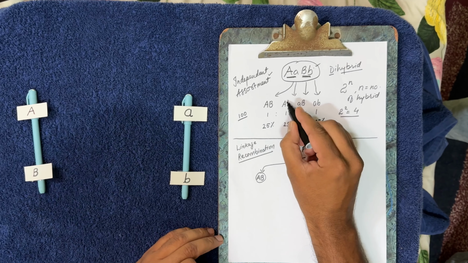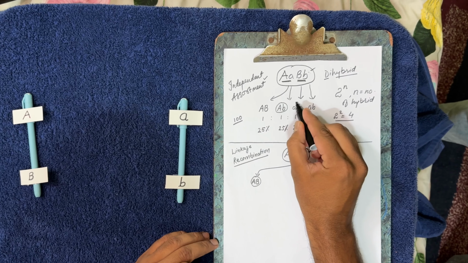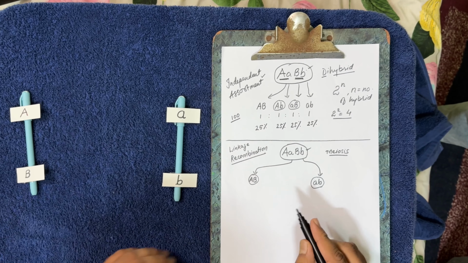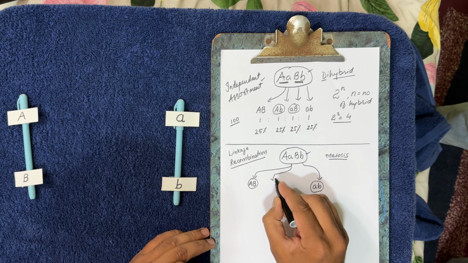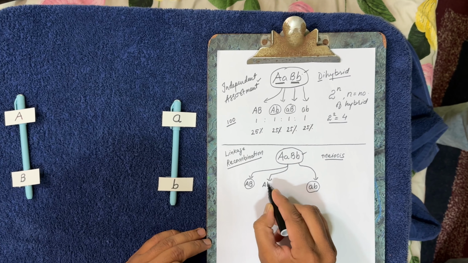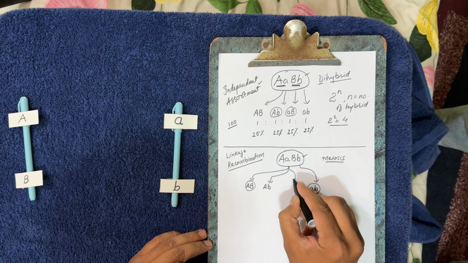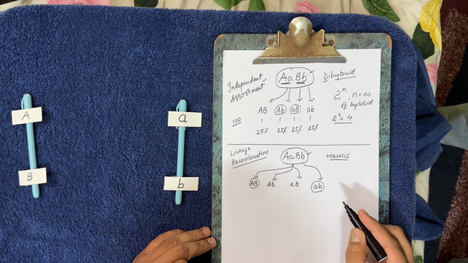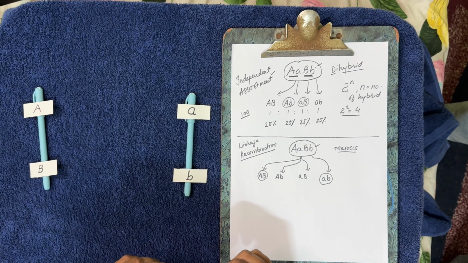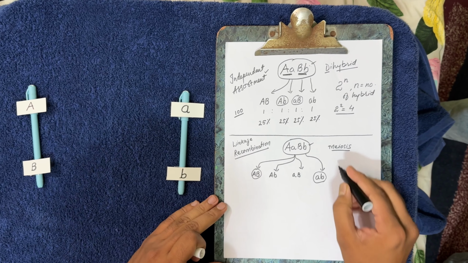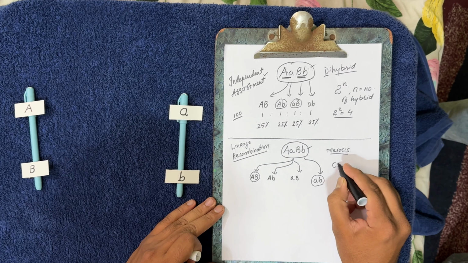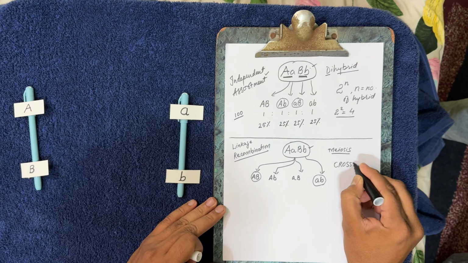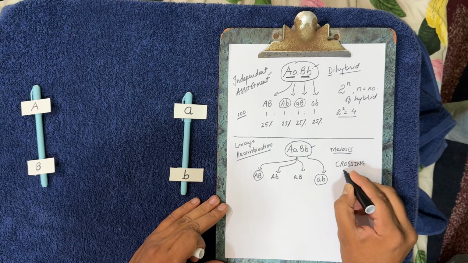So what about the gamete capital A, small b, and the gamete small a, capital B? How would these 2 types of gametes be produced? The answer is they would be produced only and only if there is crossing over.